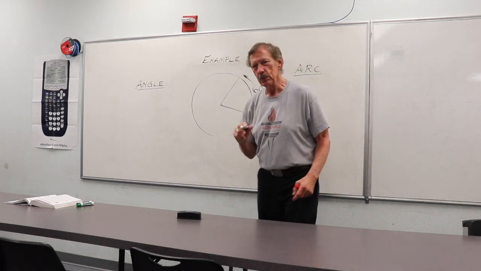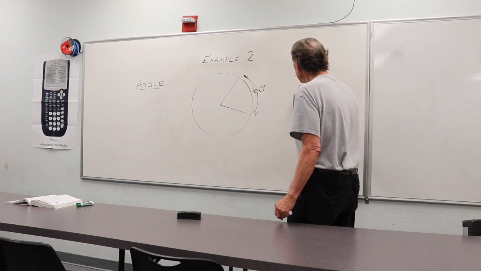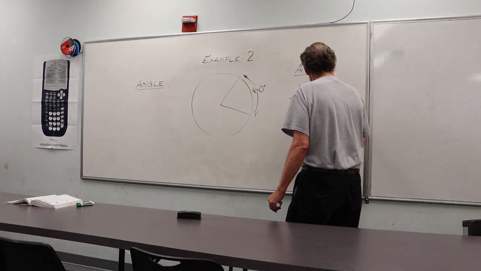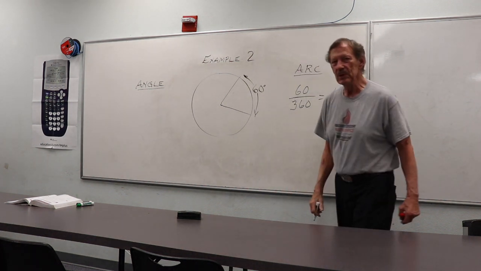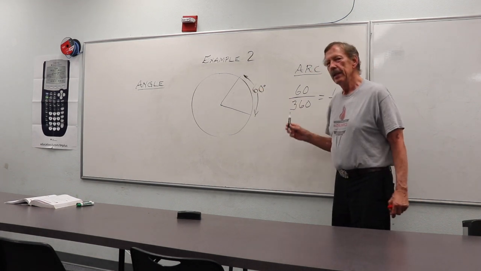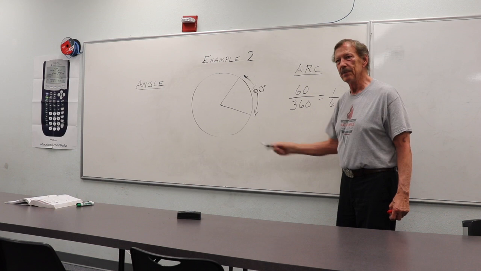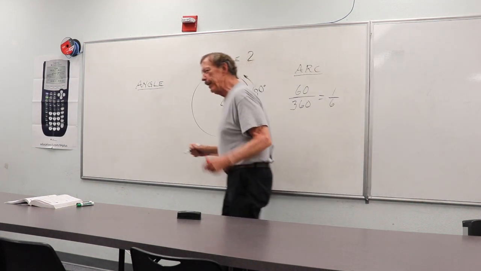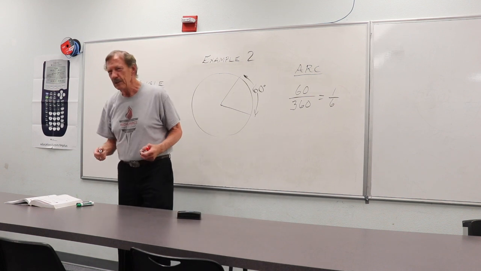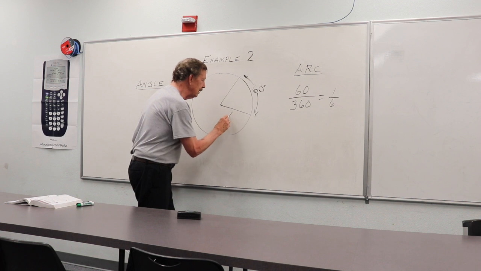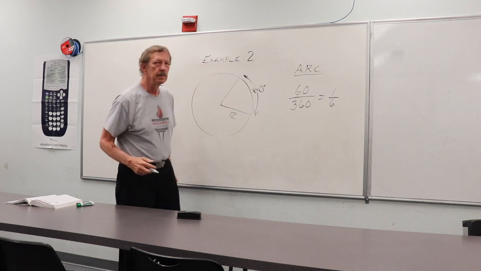Here's how it goes. 60 compared to 360 is 1/6. This arc here is 1/6 of the whole circumference. And again, if we only knew this radius, we could solve this. So let's put in a radius.